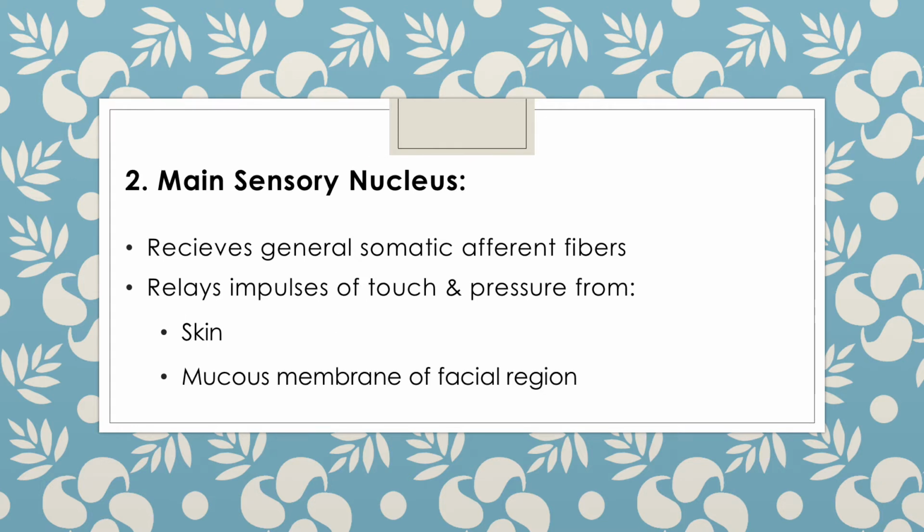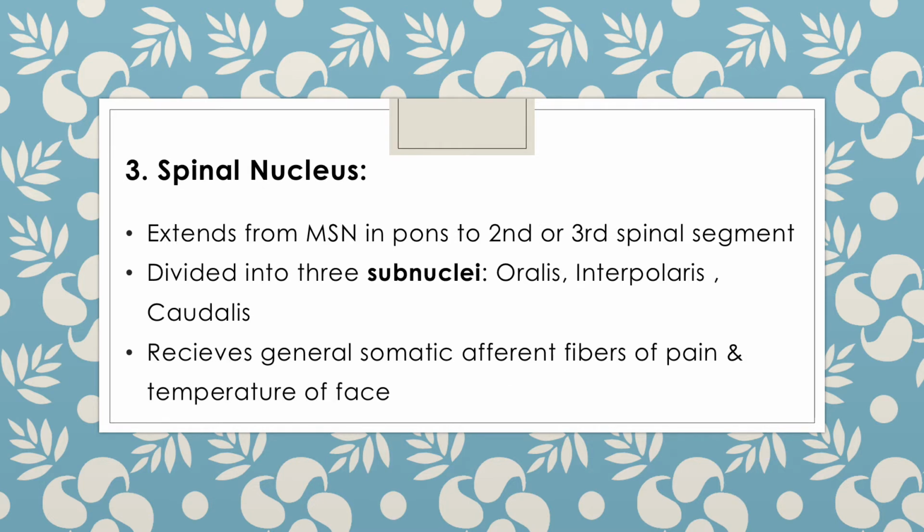The main sensory nucleus is the second nucleus of the trigeminal nerve. It receives general somatic afferent fibers and relays impulses of touch and pressure from the skin and mucous membrane of the orofacial region, basically the oral cavity. Then we come to the spinal nucleus.